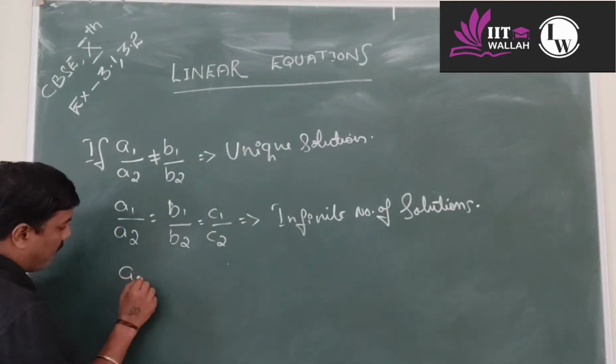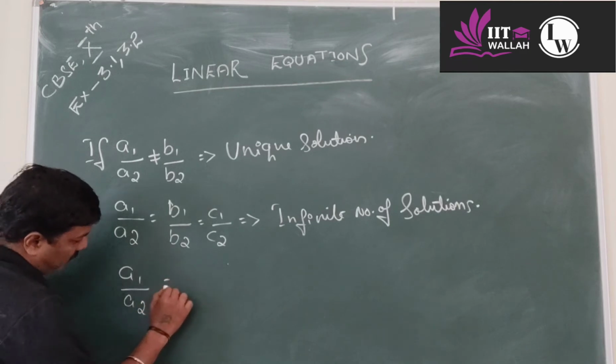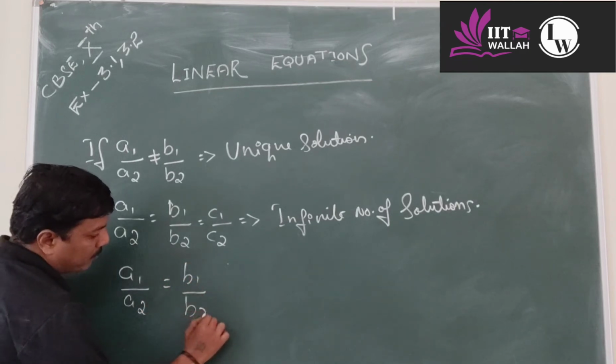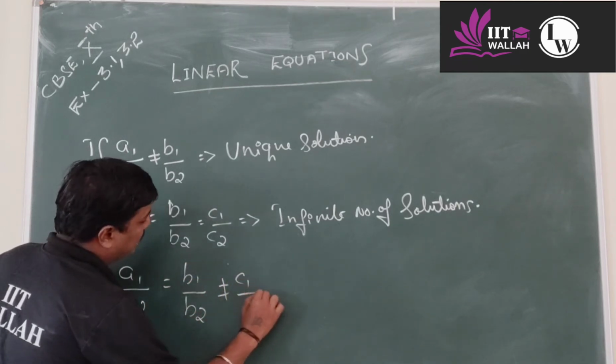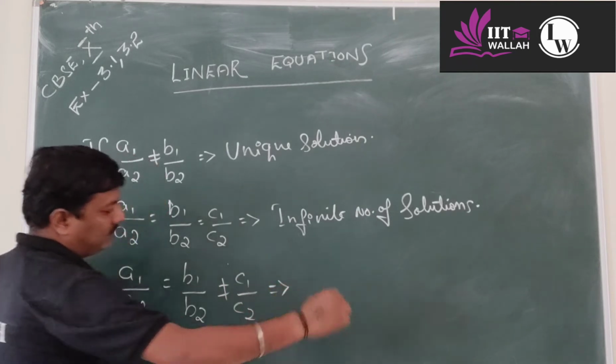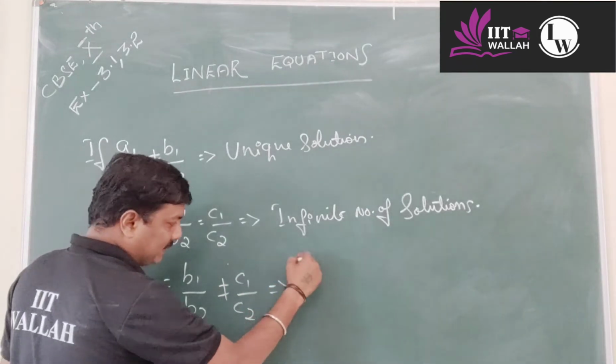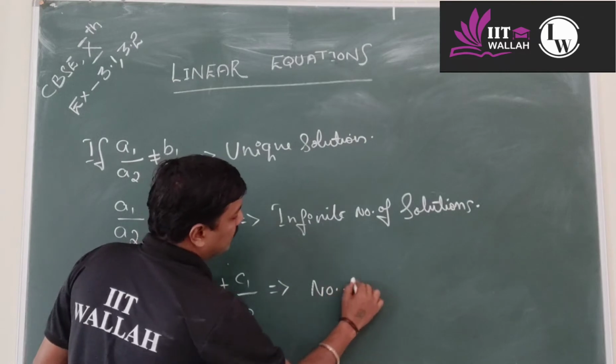And if a1 by a2 is equal to b1 by b2, no problem, but it is not equal to c1 by c2, that means we will get parallel lines. That means no solution.